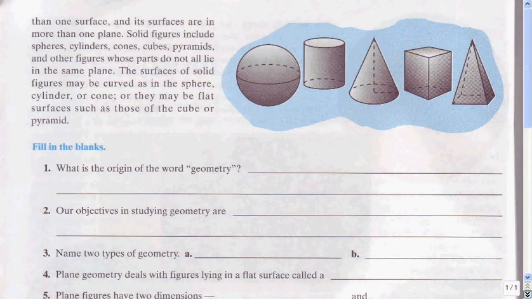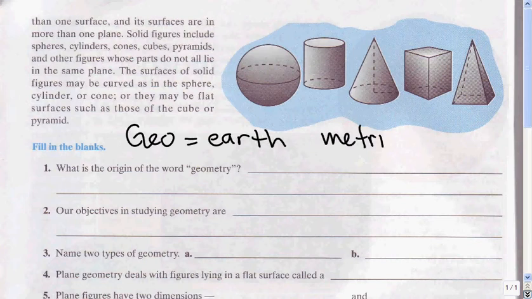The word geometry comes from two Greek words put together: geo, which means earth, and metria, which means measurement. These words put together make the English word geometry.